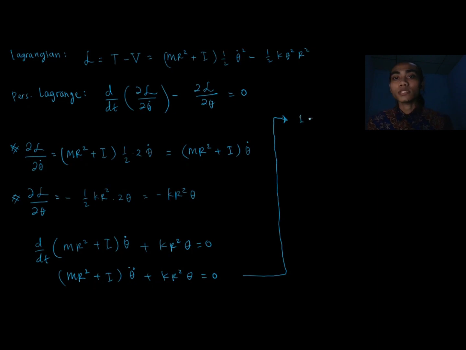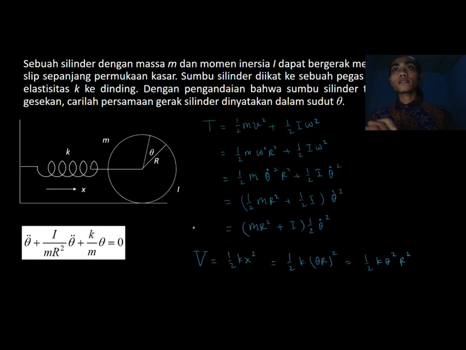So we have the equation of motion: (1 plus I over m r squared) times theta double prime, plus k over m times theta, equals 0. So we conclude that this is the final result.